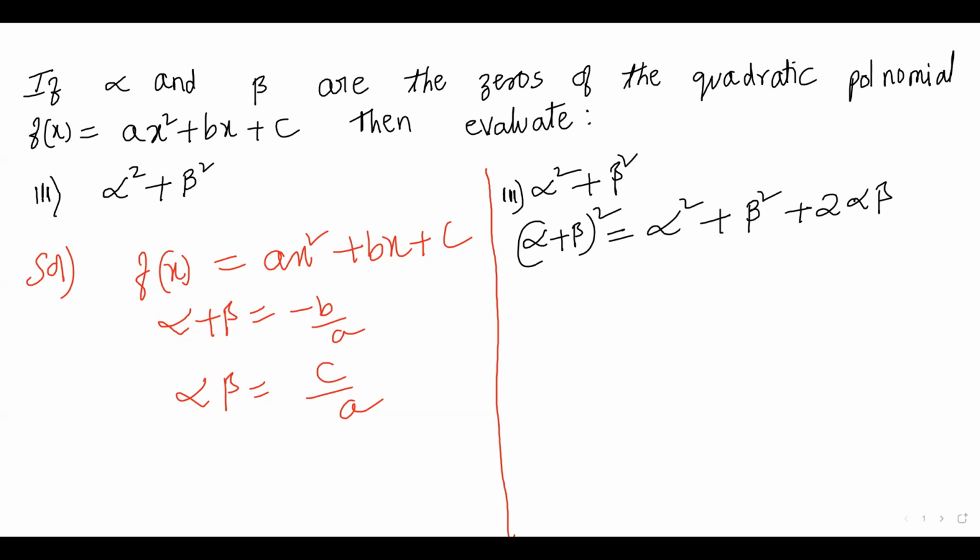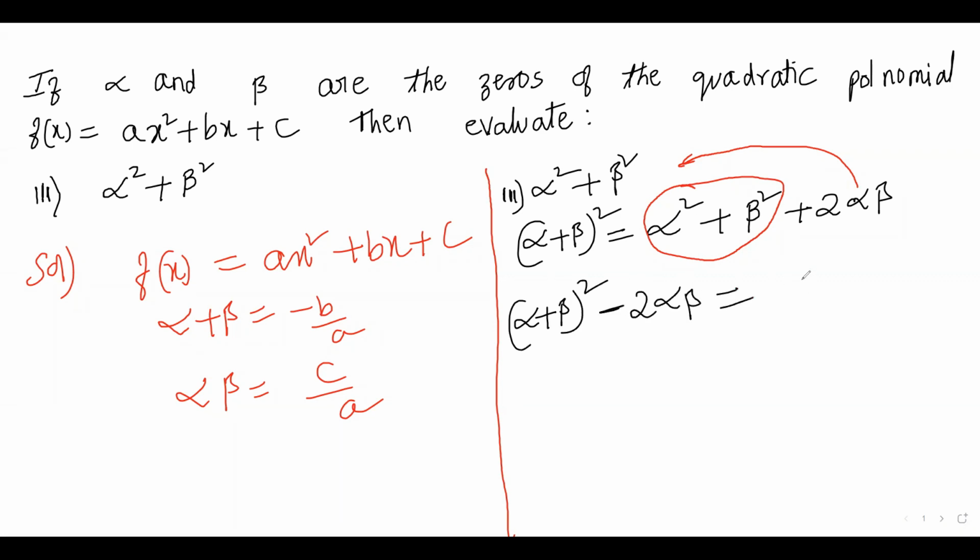So you want alpha square plus beta square. So transpose this to the other side. Plus 2 alpha beta will become minus 2 alpha beta. So in this way you can get the formula: alpha plus beta whole square minus 2 alpha beta is equal to alpha square plus beta square.